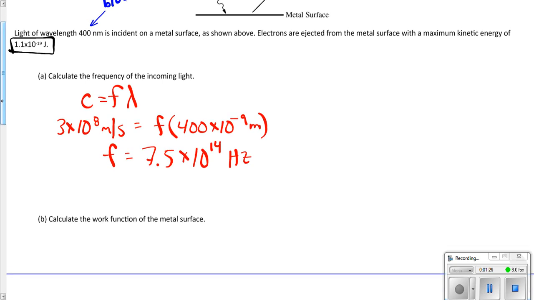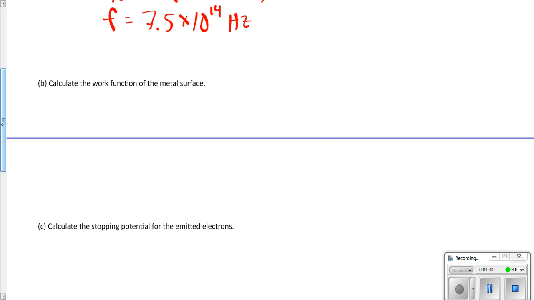What is the work function of the metal surface? Always a good place to start when you see work function is the only equation which has work function. The kinetic energy of what? The electron that's left equals hf of the photon that came in minus the work function of the metal.